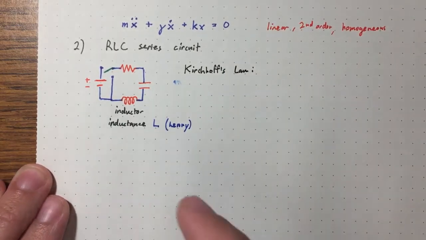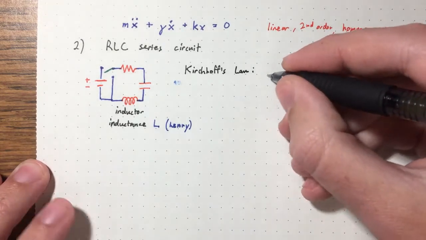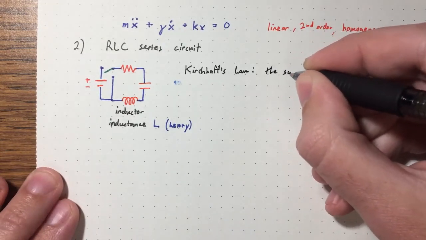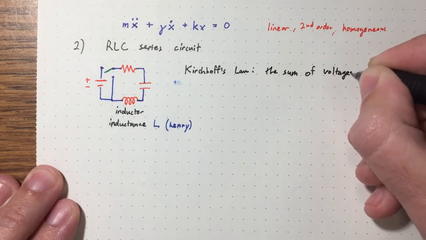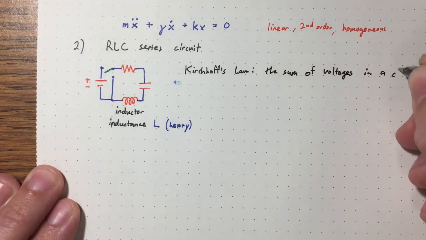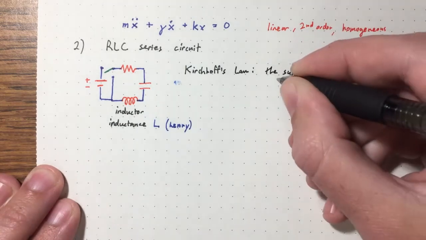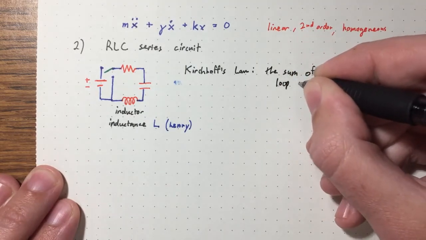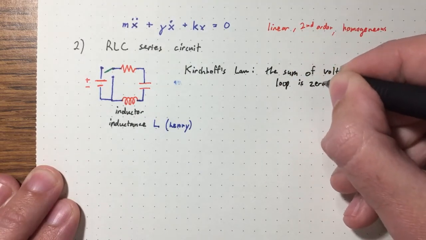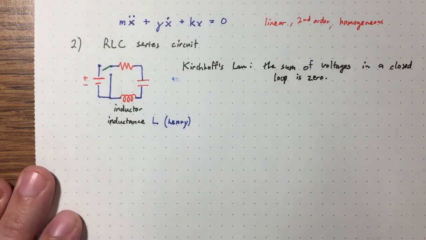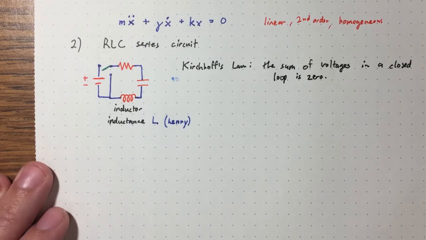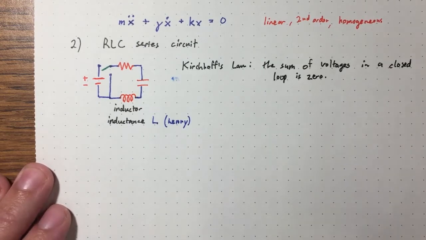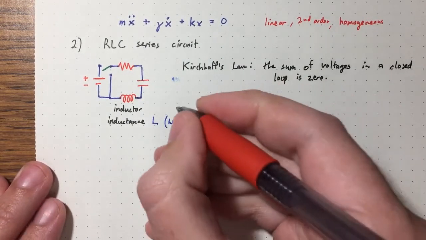Kirchhoff's second law in particular, which says the sum of voltages in a closed loop is 0. Okay, so if you go around a closed loop, add up all the voltages, you'll get 0. And so let's go ahead and do this.